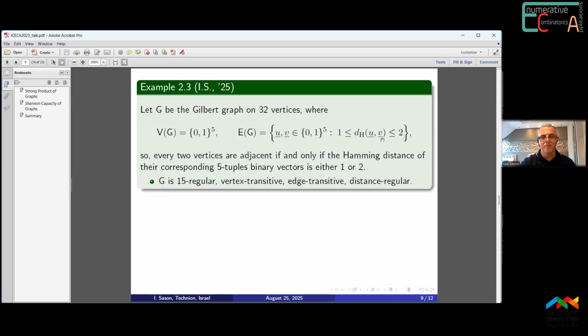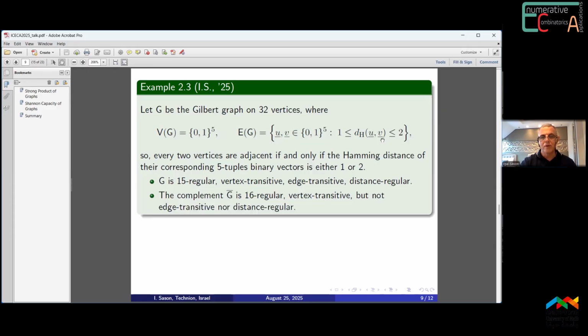So this is a 15 regular, vertex transitive, H transitive, and distance regular graph. This can be shown. And the complement of G is 16 regular, vertex transitive, but it is not H transitive, nor distance regular.